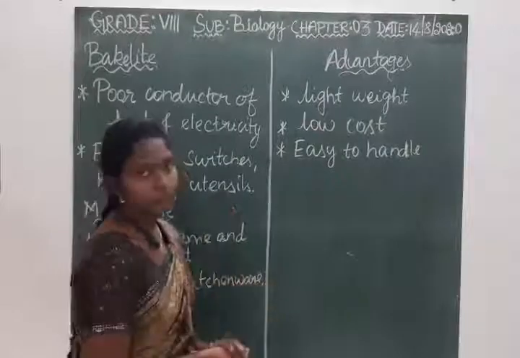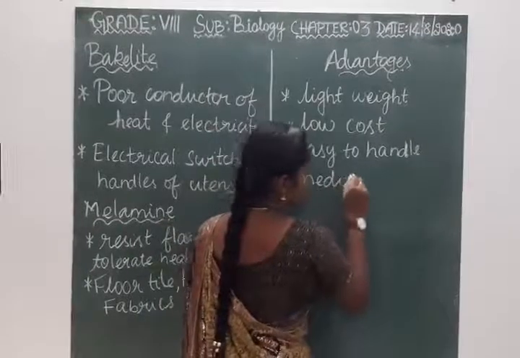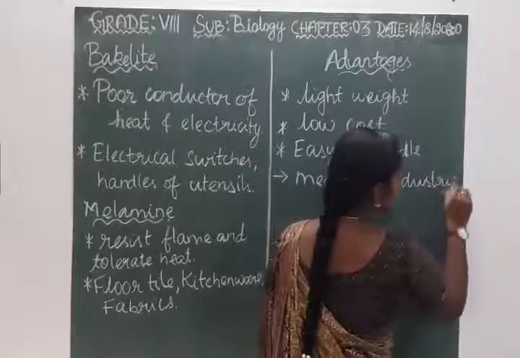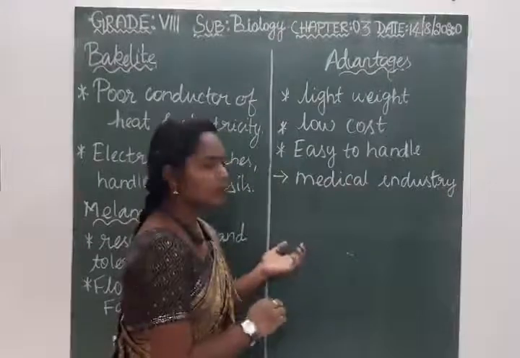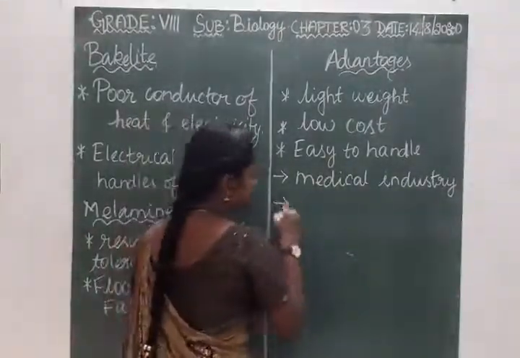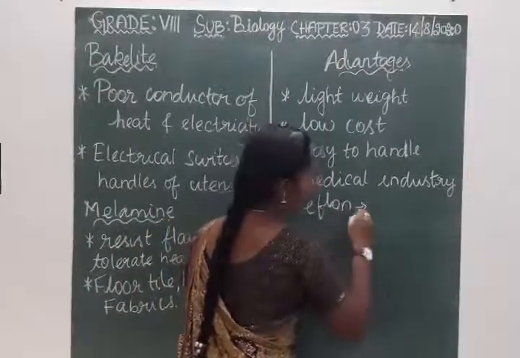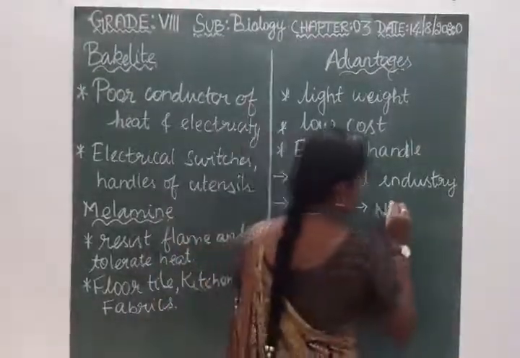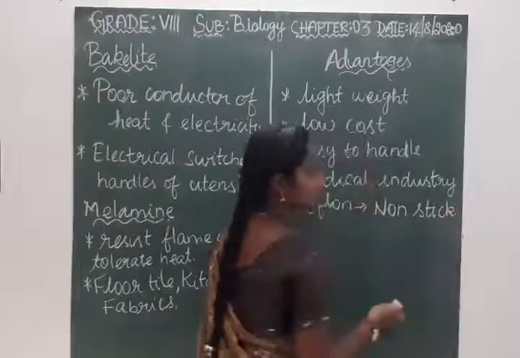Apart from this, it is also used in the medical industries, for making syringes and tablet covers. Most of these things are made up of plastics. So plastics play an important role in the medical industries also. And next it is about Teflon, which is used in pans and some utensils, acting as a non-stick coating. You have heard the term non-stick pans, right?